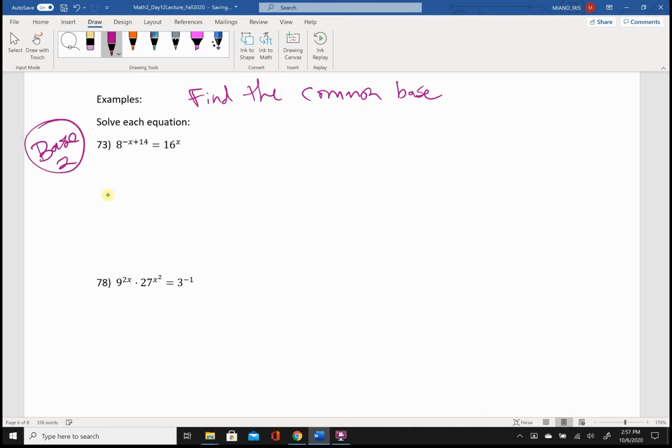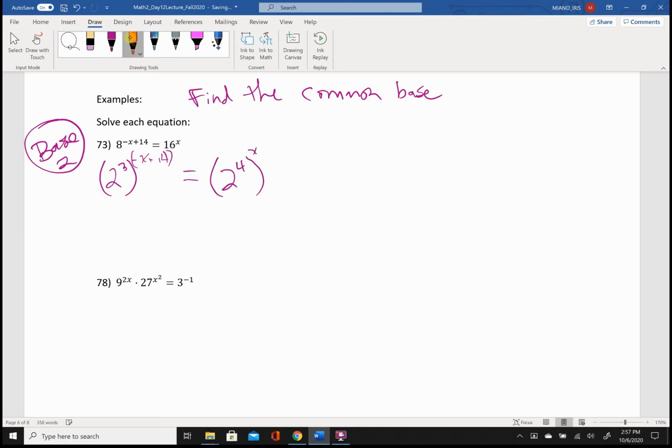So rewrite 8 as 2 to the third power, and then it's going to be further raised to the negative x plus 14 power, right? So you can even put some parentheses around that just to make it super clear that that whole thing is the collective exponent. On this rewritten, 8 is now 2 to the third power, 16 is 2 to the fourth power, and then it still has to be raised to the x power. We have to address that x exponent in just a second.